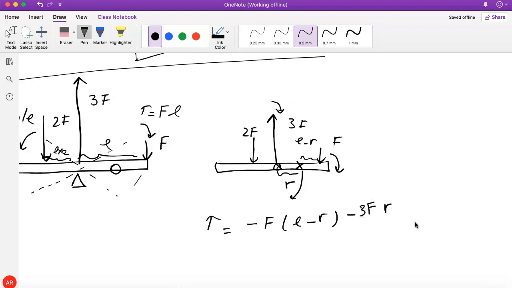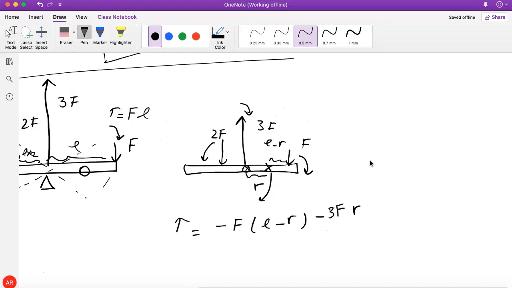The magnitude of the force is 3F. This one, with respect to that axis, wants to generate a counterclockwise rotation. So I'm going to get plus 2F times, here I have L over 2, here I have R. So this distance from here to here is L over 2 plus R.